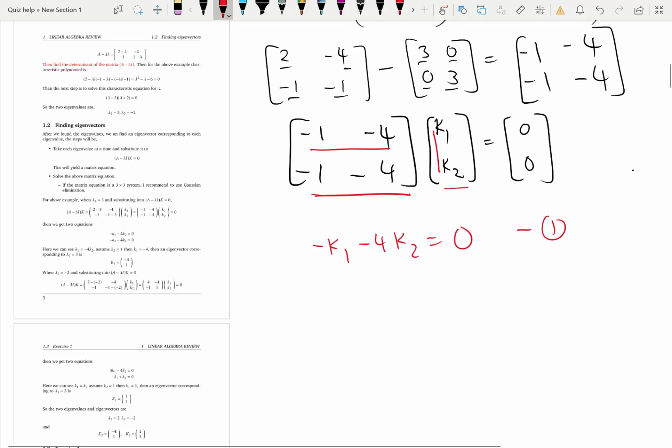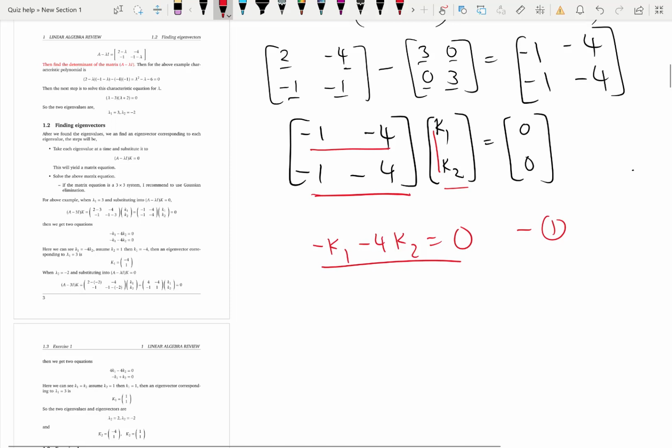Instead, you have to decide what you are going to choose for k1 and k2. Let me explain this. Let's make a relationship between k1 and k2. Even in the 3 by 3 case, you get little k1, k2, k3, because it's a 3 by 3 case, and you have to make a relationship among k1, k2 and k3.